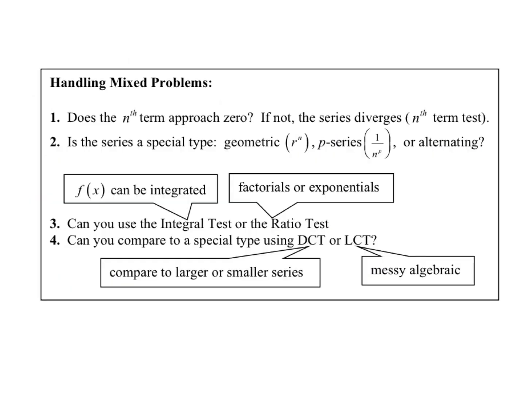Anyway, I need to get through this though. How to handle these mixed problems. This is important: do the nth term test first, always. It's super easy. Bam, knock it out. Is it special: a p-series, geometric, alternating? Then consider those tests. Is it easily integratable, if that's a word? Are there factorials or exponents?